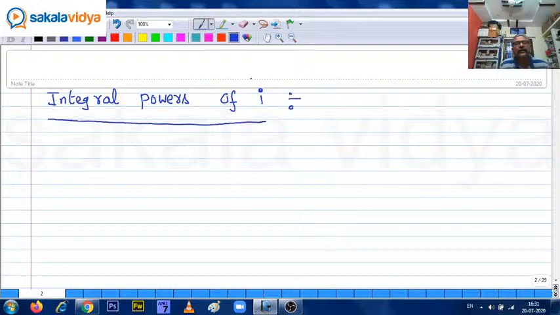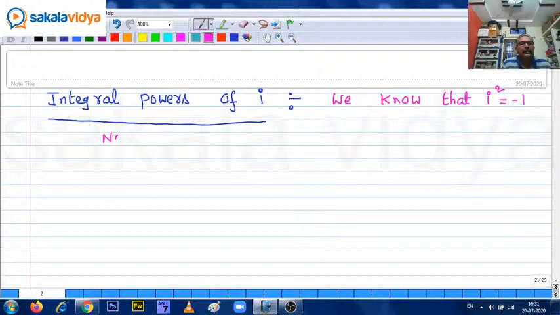What do integral powers of I mean? We know that I is the imaginary unit whose square is minus 1. I square is equal to minus 1.